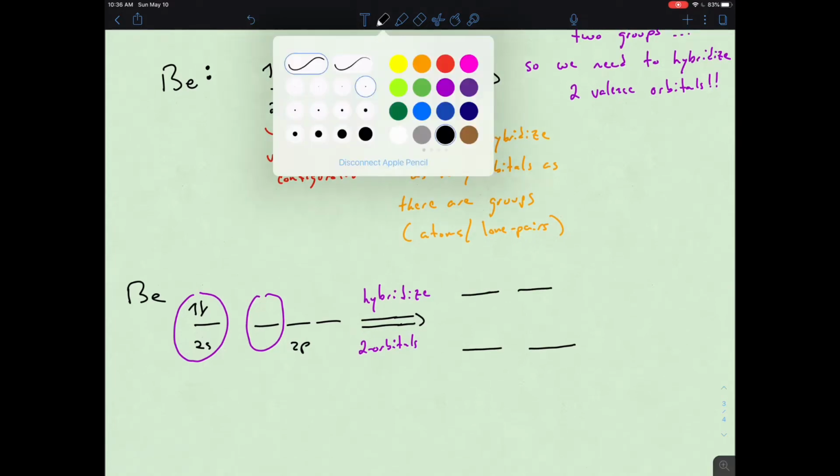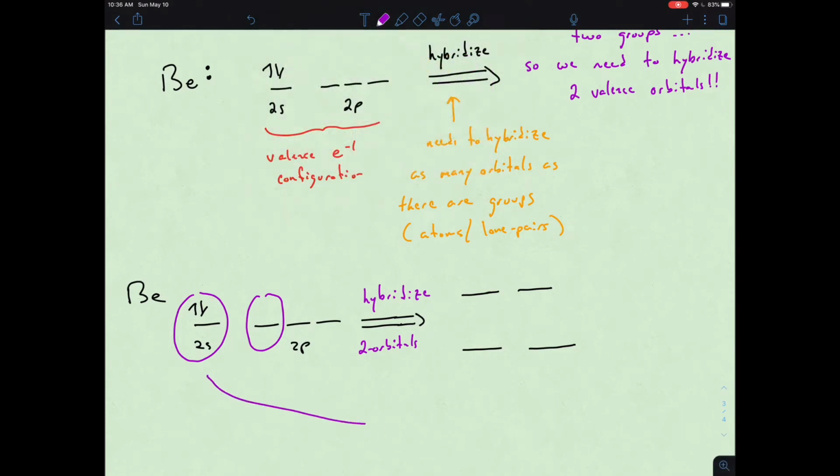And so these two that we have here are being combined, and they're being made into sp hybridized orbitals, or sp hybrids.